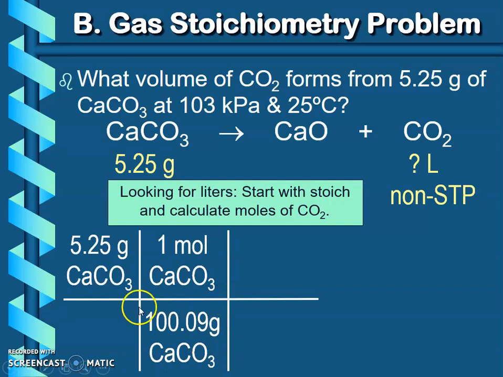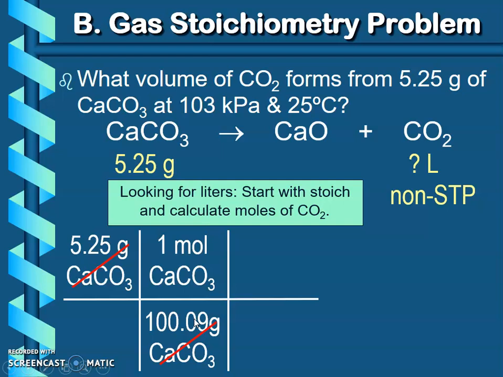This number comes from your molar mass using your periodic table. So you do calcium plus carbon plus 3 times oxygen and add those all together to get that 100.09. And my molar mass is grams per 1 mole. So the 1 mole goes on top. That way my grams can cancel off.